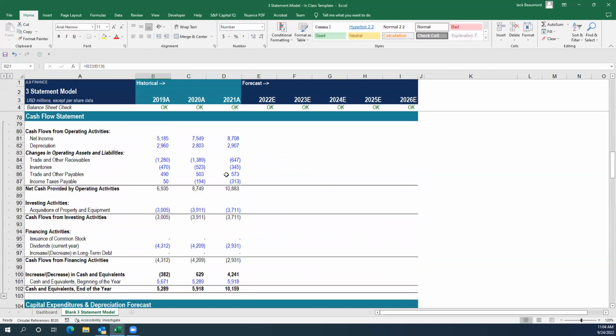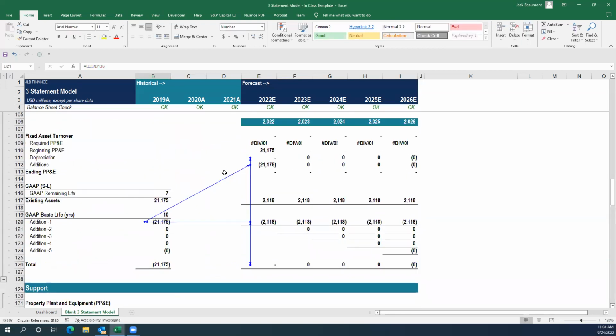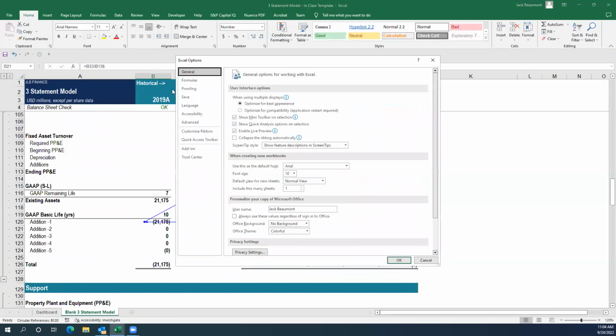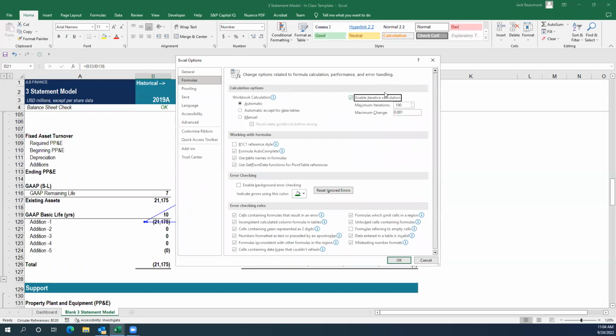You see I've got a reference error down here. It's not calculating this right because we don't have an option enabled on Excel here. So I'm going to show you what to do to enable this if you're having this problem right now. You can go to File, Options, Formulas, and then you're going to enable iterative calculation.